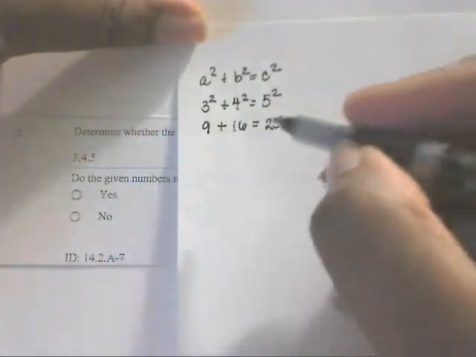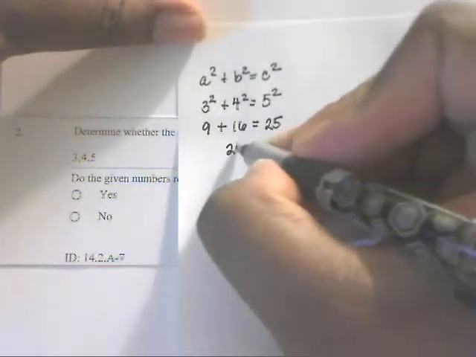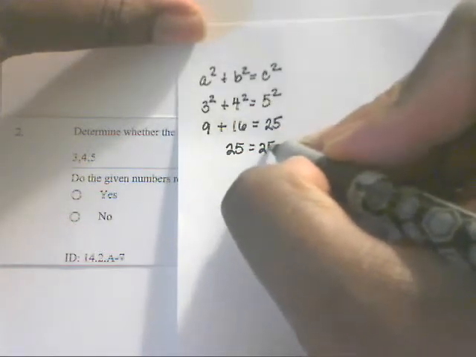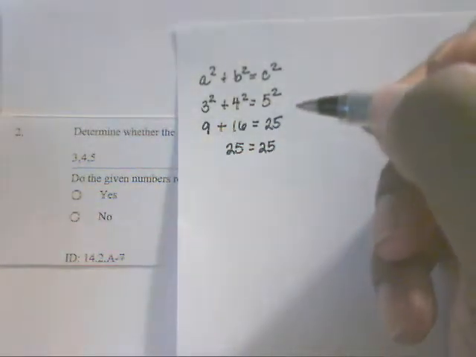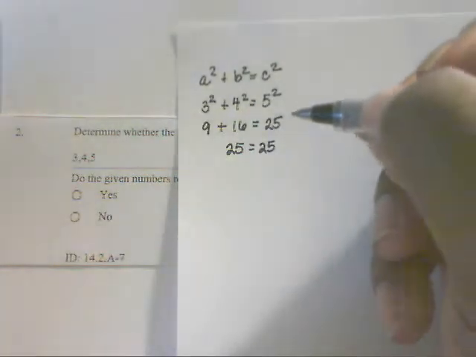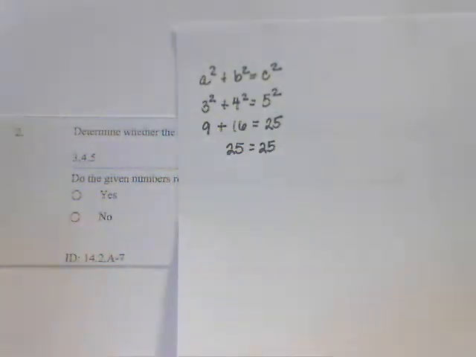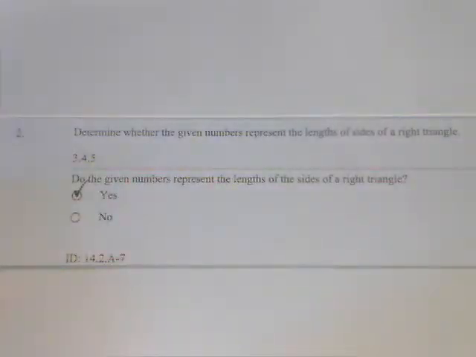If you add 9 and 16 together, you get 25, which does equal 25. Since both sides of this equation are equal to each other, that means the 3, 4, 5 measurements represent the lengths of a right triangle. So in this case, we'll select yes as the answer.